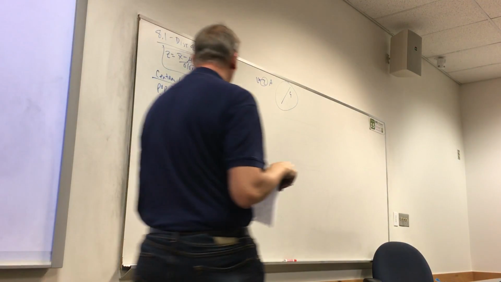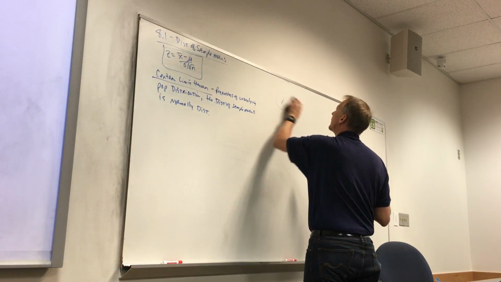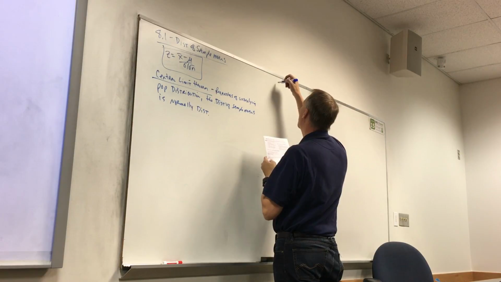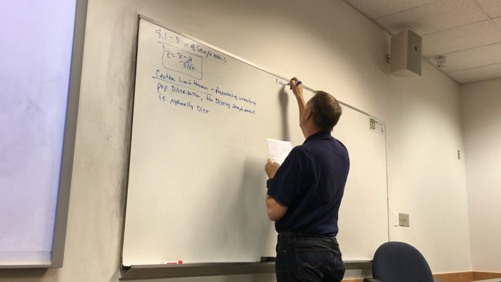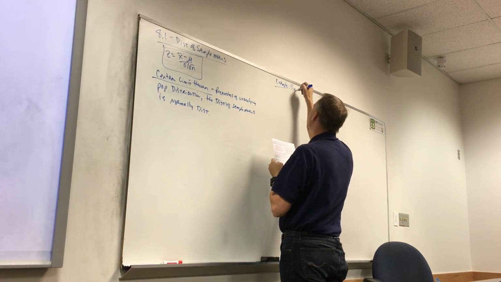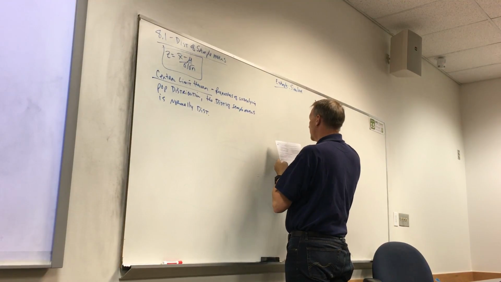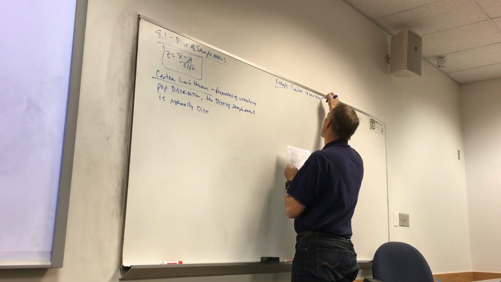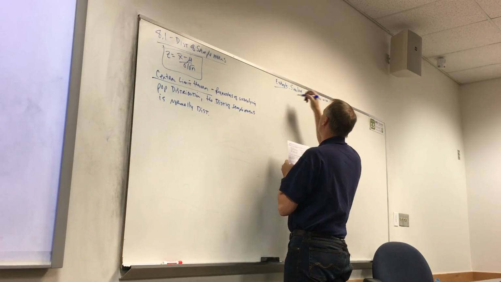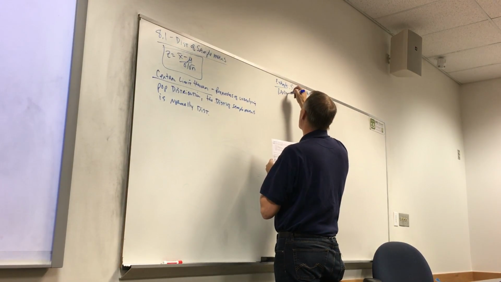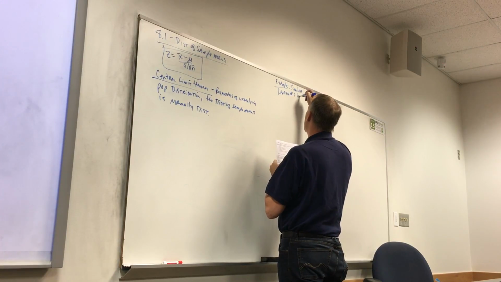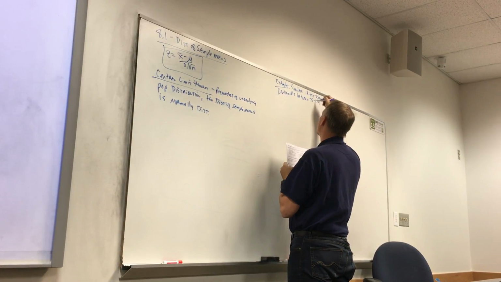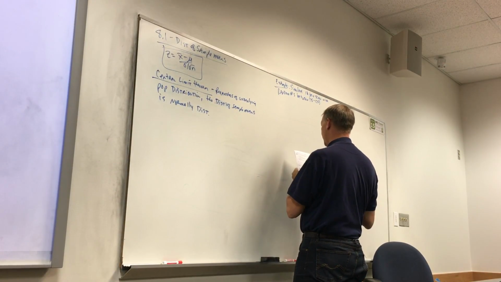So let me give you a for instance. Let's say that I wanted to simulate IQ test scores with random numbers between 75 and 125.